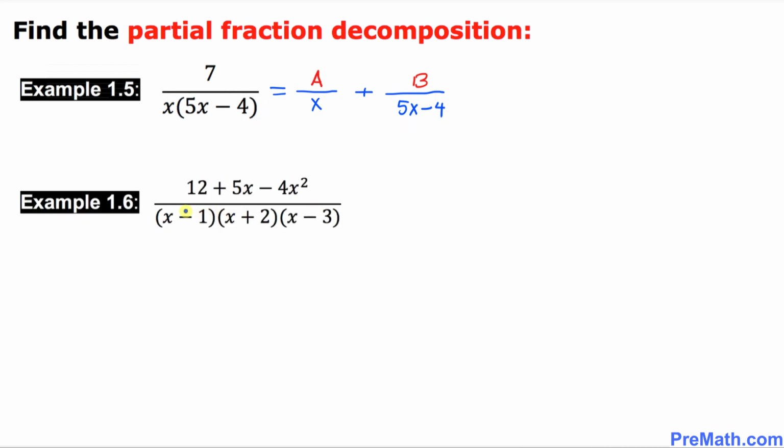And for this next example, once again, as we can see that we have three linear factors at the denominator. We are only focusing on the denominator. So that means we're going to have three fractions. The first one is going to be x minus 1 at the denominator, plus in the second fraction x plus 2, and finally x minus 3 in the third fraction.